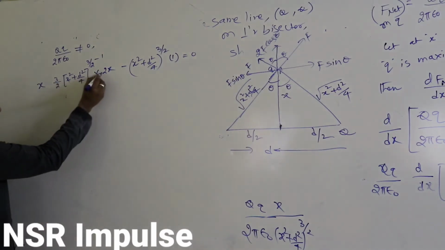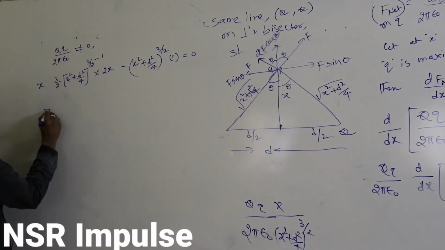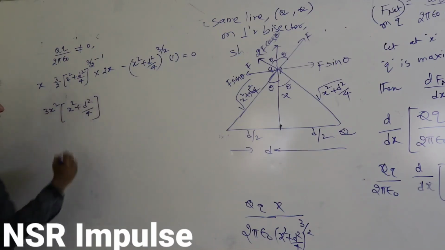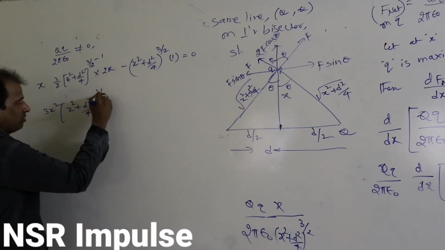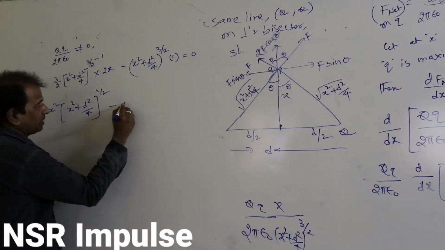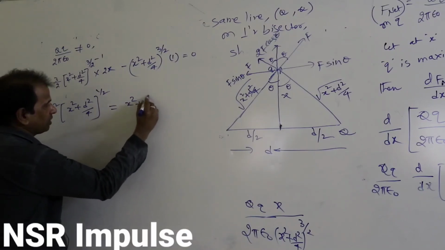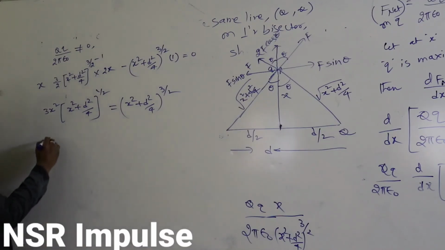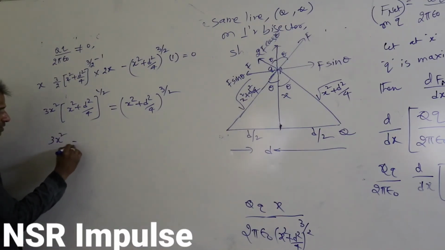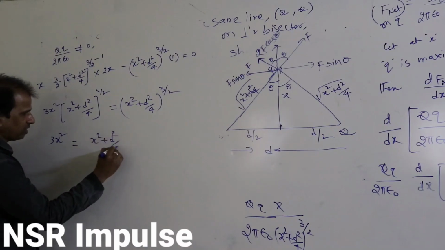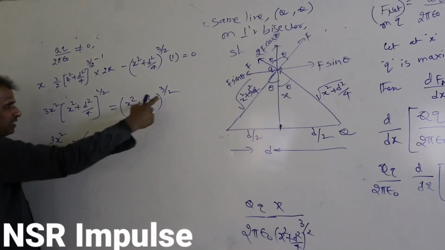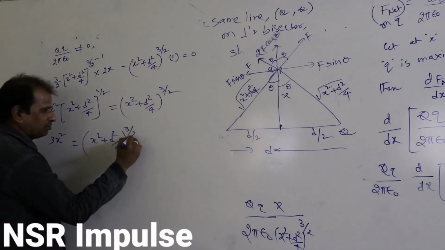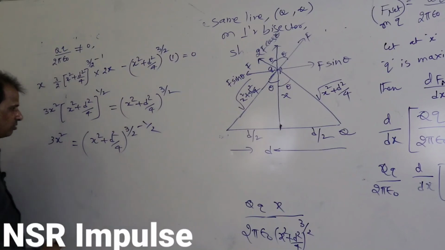So here 2 got cancelled. This becomes 3x square into (x square plus d square by 4) whole power 3 by 2 minus 1 by 2, equal to (x square plus d square by 4) whole power 3 by 2, if you bring this term to this side.